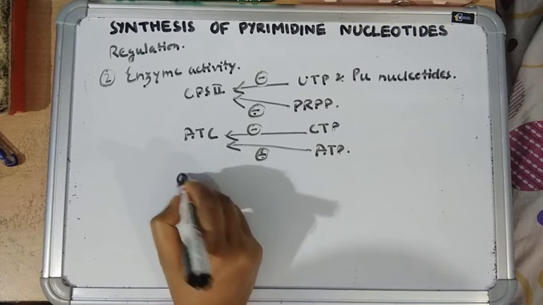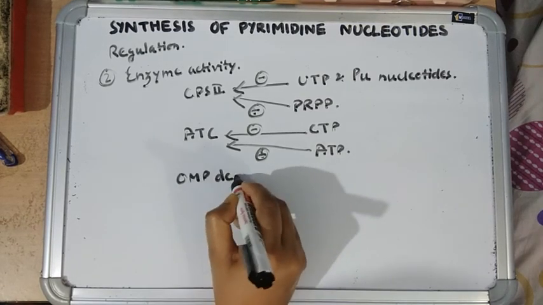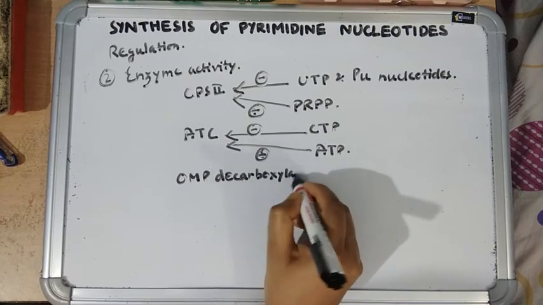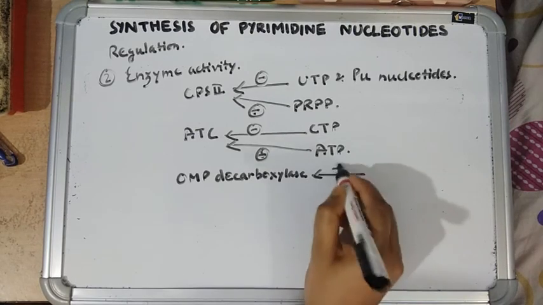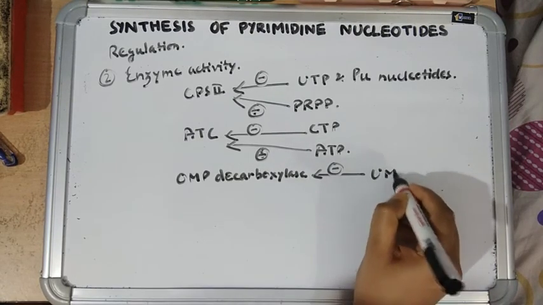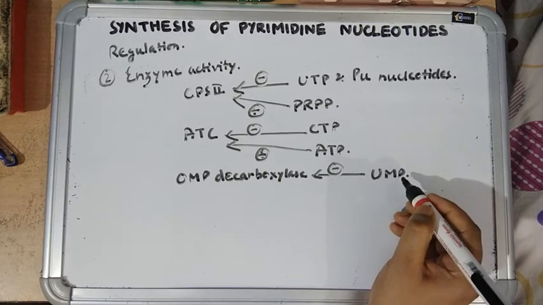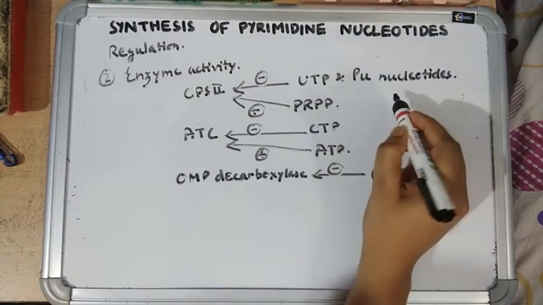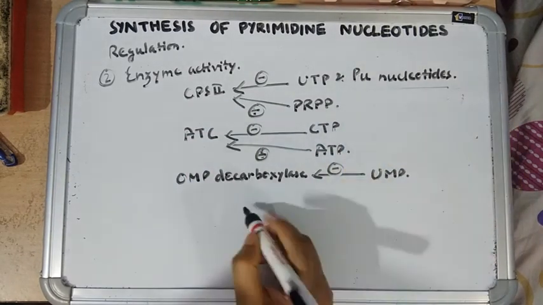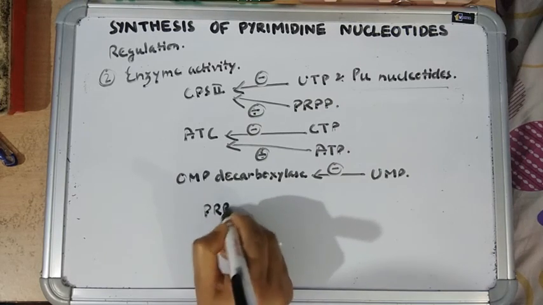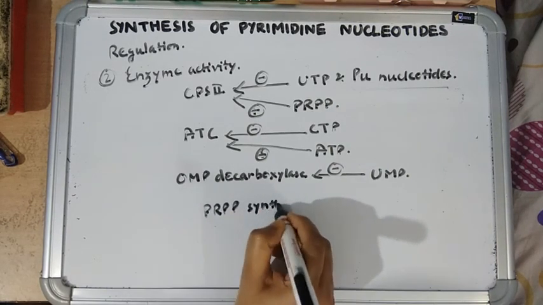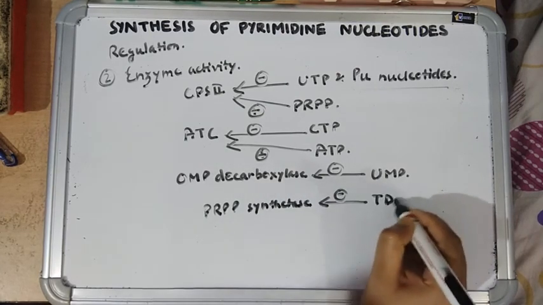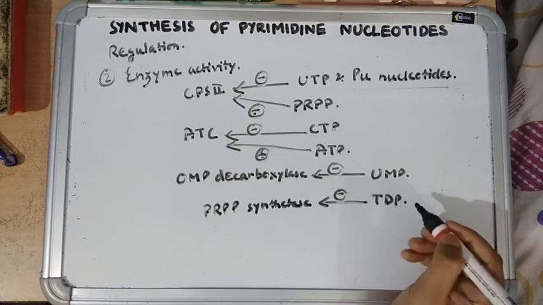Then the enzyme OMP decarboxylase is inhibited by uridine monophosphate. There is also coordinate regulation of purine and pyrimidine nucleotide synthesis, for example CPS2 is inhibited by purine nucleotides, as well as the enzyme PRPP synthetase is inhibited by thymidine diphosphate. So this is about synthesis of pyrimidine nucleotides and its regulation.